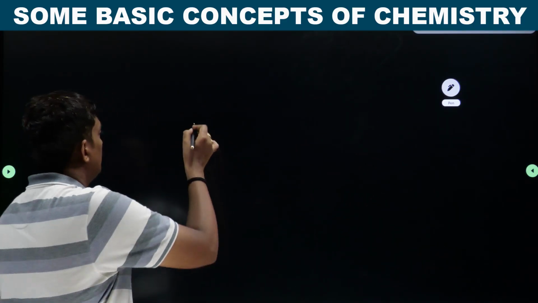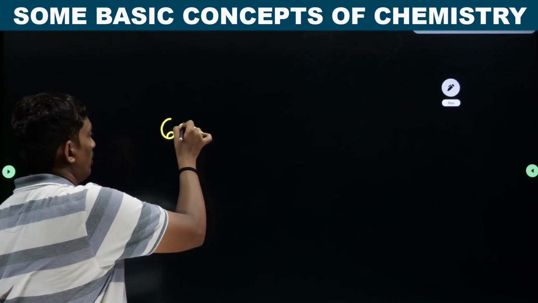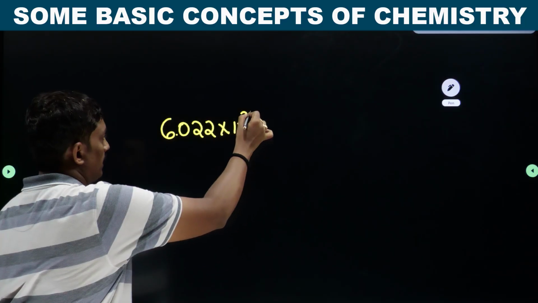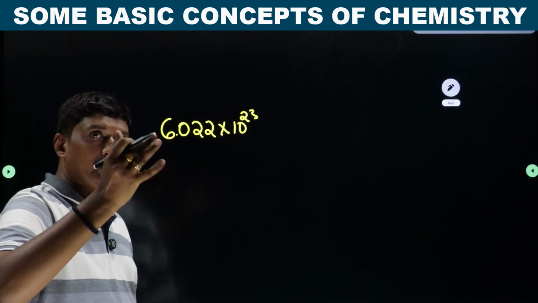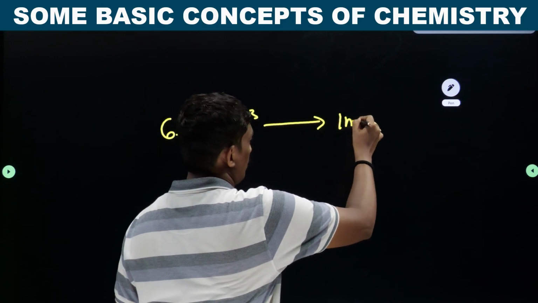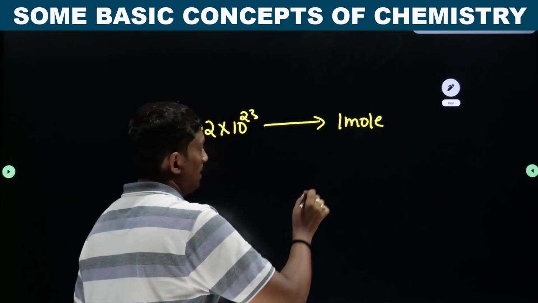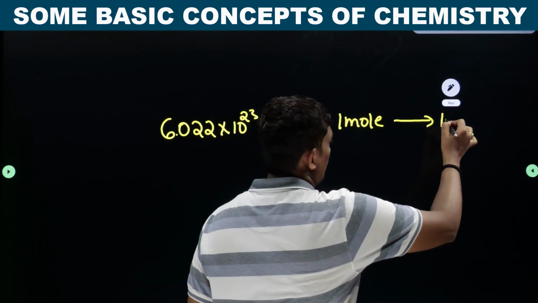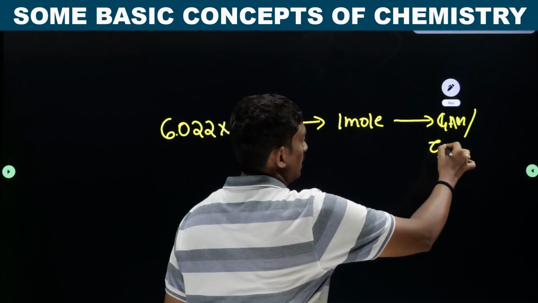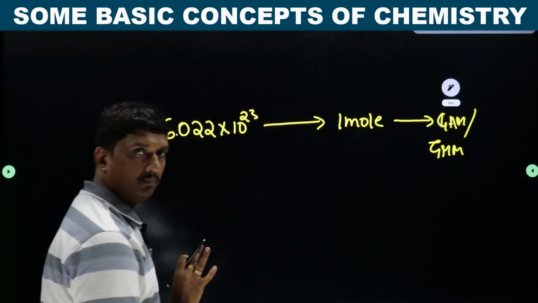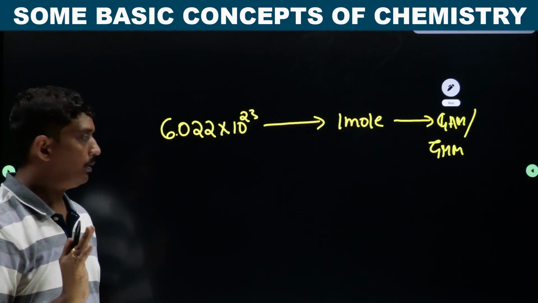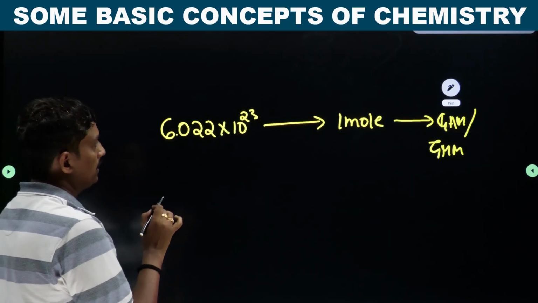Look here. 6.022 into 10 to the power 23 molecules, atoms or ions is equal to 1 mole, which is equal to gram atomic mass or gram molecular mass. Both are the same. If it is an atom, gram atomic mass. If it is a molecule, gram molecular mass is to be taken.